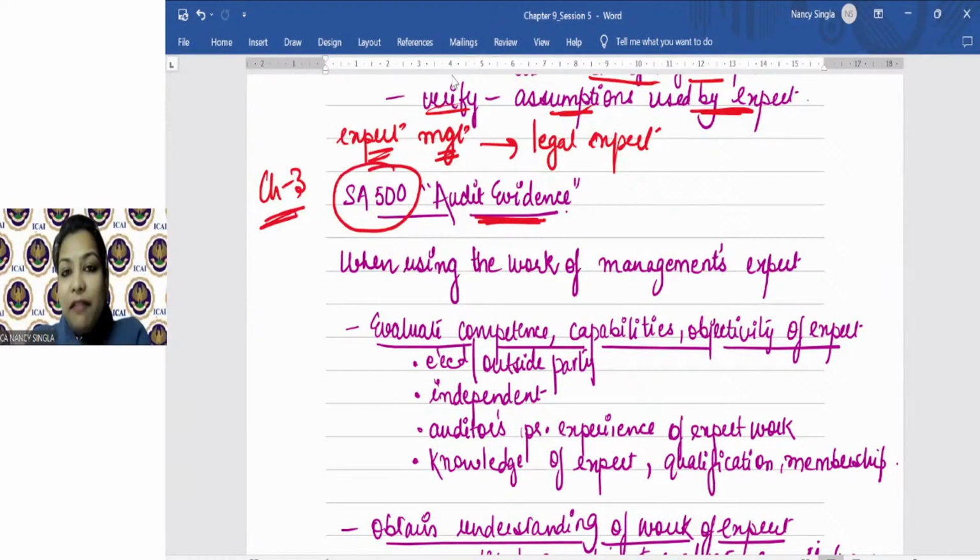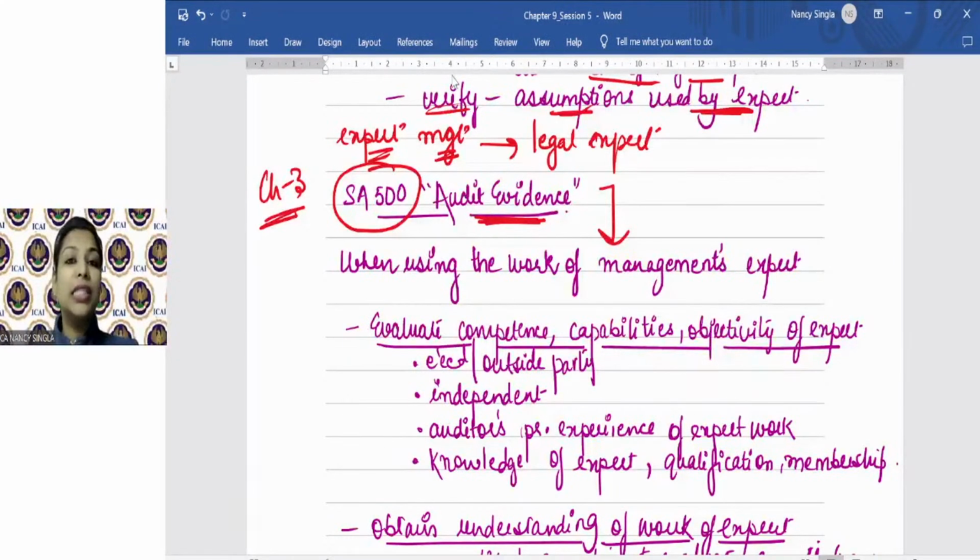with respect to audit evidence, it says that when the auditor is using the work of the management's expert, तो ऐसे थोड़ी ना auditor किसी भी expert का काम use कर लेगा. Auditor will see, auditor is responsible for his opinion, for his report, है ना. Ultimately तो auditor is giving an opinion on the financial statements as a whole ना. हाँ, there if management has used the work of an expert, auditor can use that, but before that auditor needs to make certain evaluations with respect to the work of that expert, कि वो जो work है expert का वो auditor के काम का है भी या नहीं, expert को actual में कुछ आता है या नहीं, expert qualified है या नहीं.